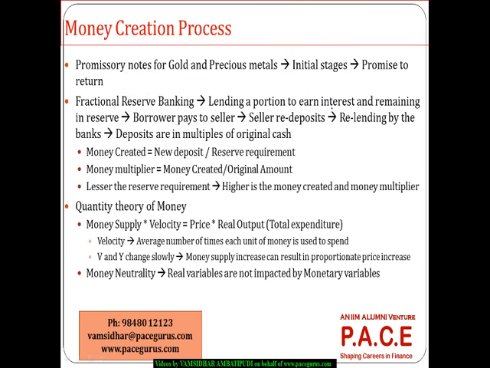Let me just give an example. Let's say $1,000 came into the banking system, and let's say the bank thought it will keep 10% of it as the reserve, which means it has given a loan of 900.